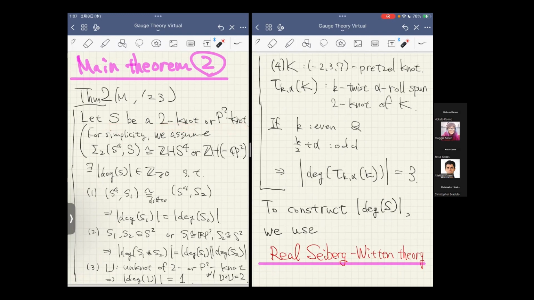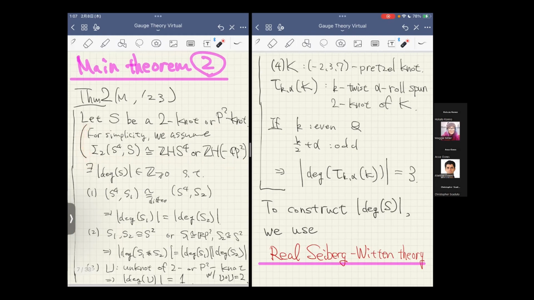For simplicity, in this seminar, we assume its double branched cover is integer homology S4 or integer homology minus CP2. These are not essential conditions. However, in this seminar, for simplicity, we assume this condition.